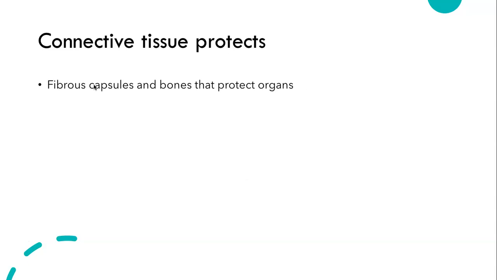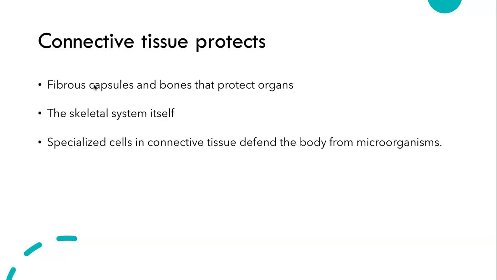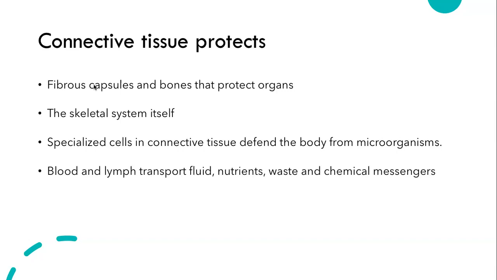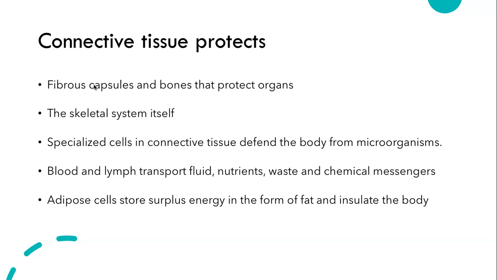Examples of this are the fibrous capsules and bones that will protect organs, the skeletal system itself, the specialized cells in connective tissue that defend the body from microorganisms, the blood and lymph, which can transport fluid, nutrients, waste, and chemical messengers around the body, and adipose cells that are able to store surplus energy in the form of fat, which also insulates and cushions the body.